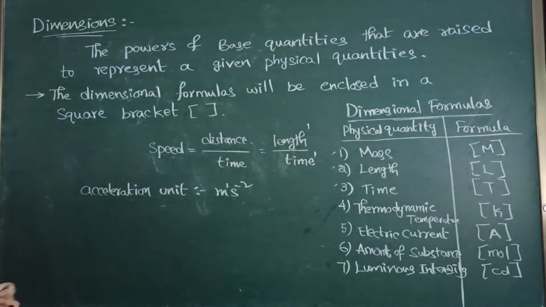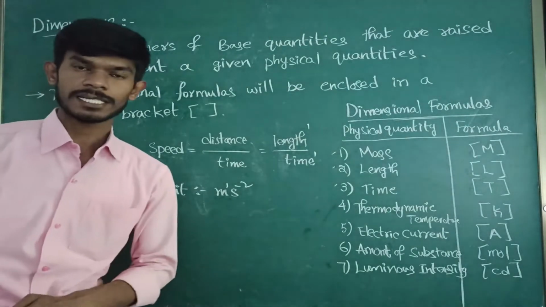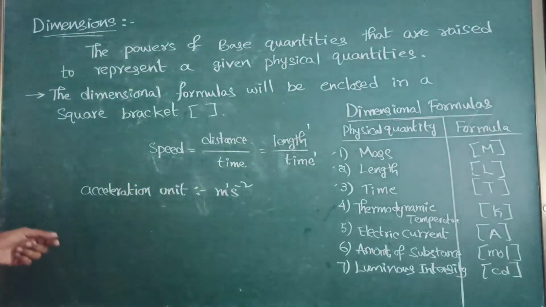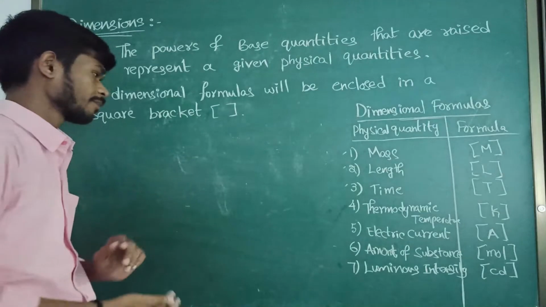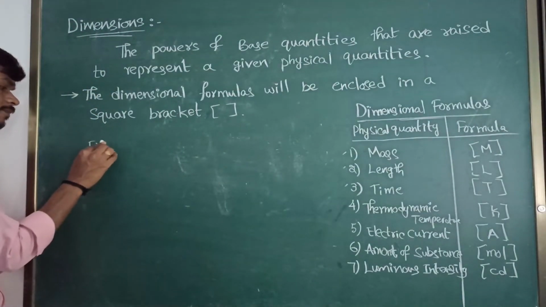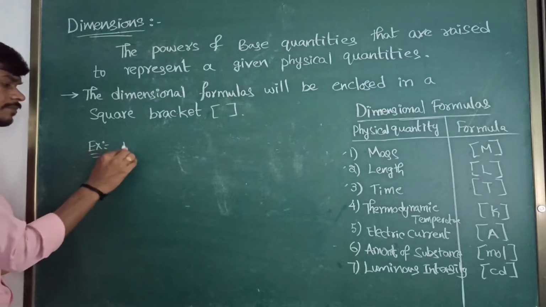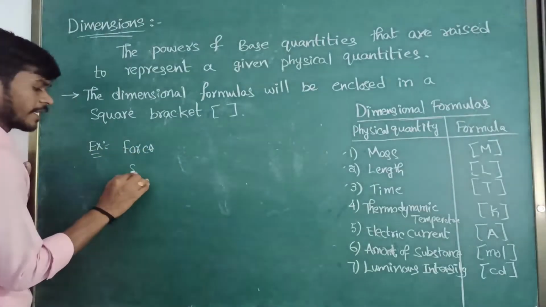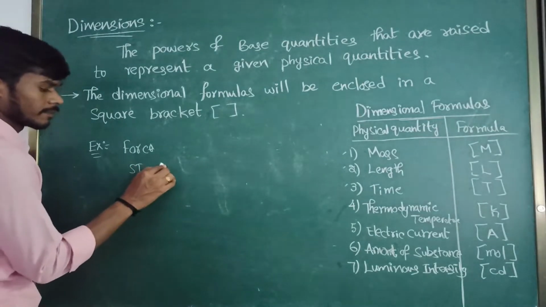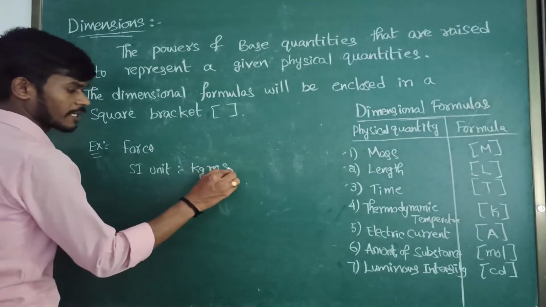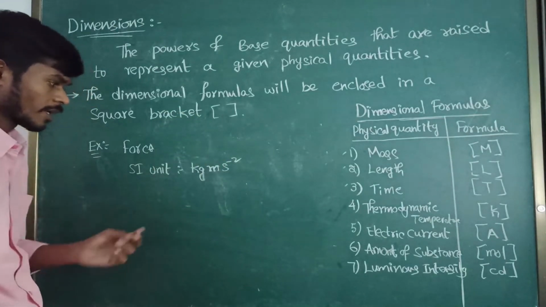Then how can we write the dimensions of different physical quantities? We will see. Observe here. Suppose you consider an example, force. The SI unit is kilogram meter s to the power of minus 2.